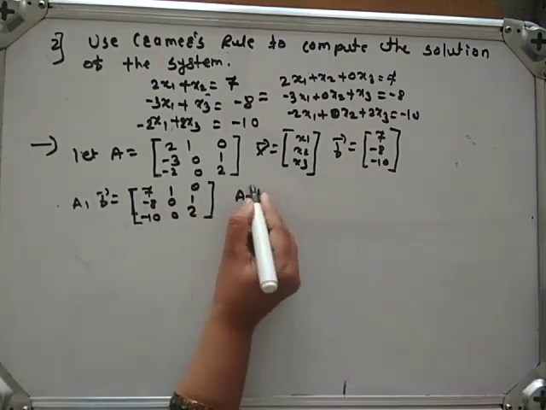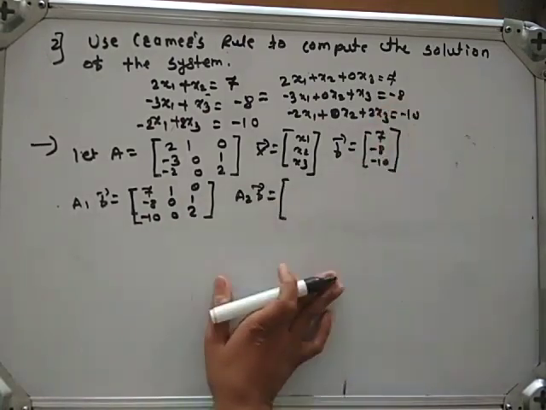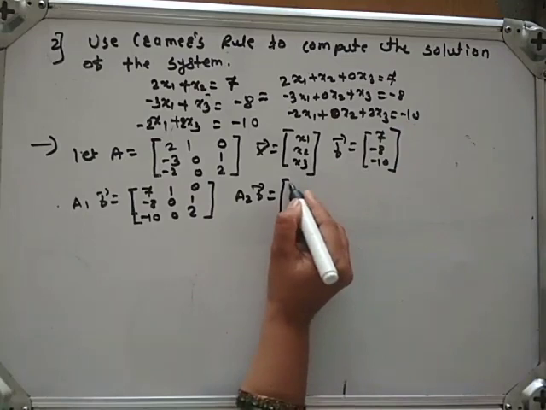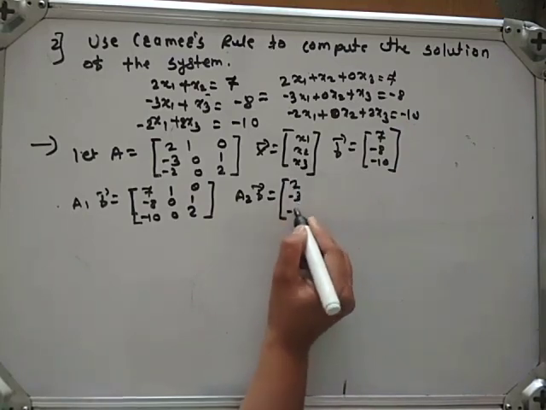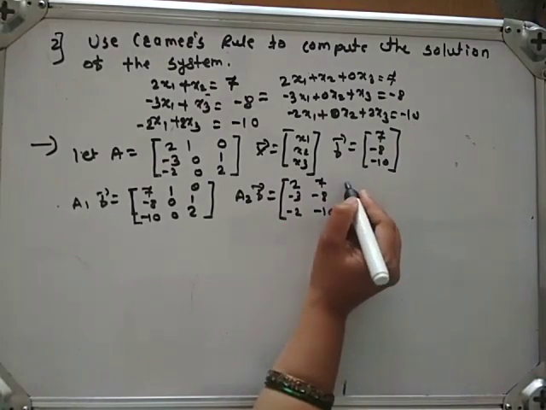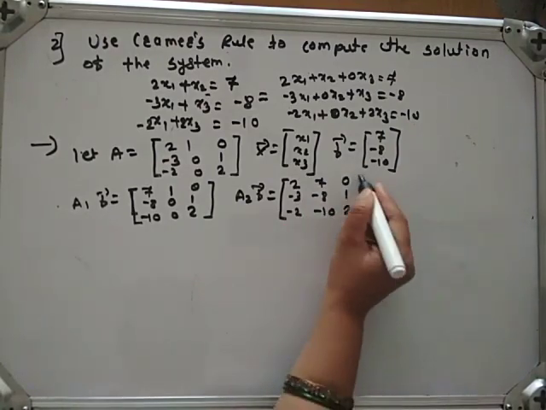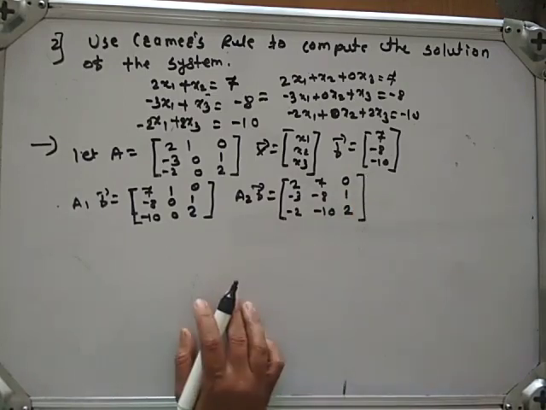A2 into B bar: instead of the second column, write down the entries of B bar, and the first and third columns as they are: 2 7 0, minus 3 minus 8 1, minus 2 minus 10 2.